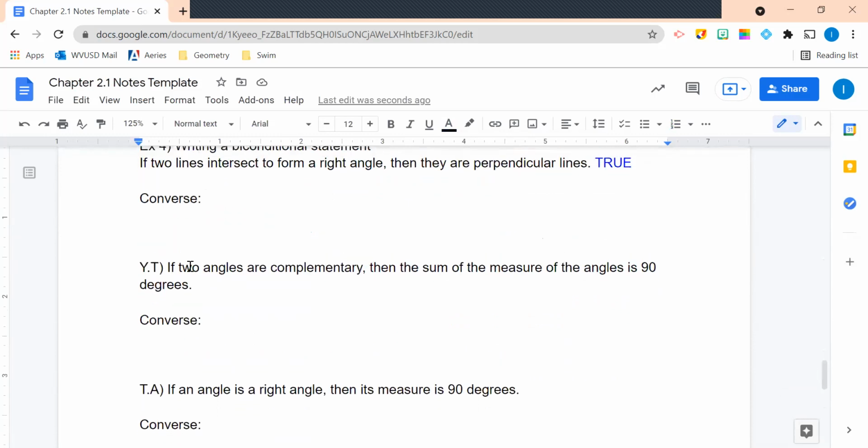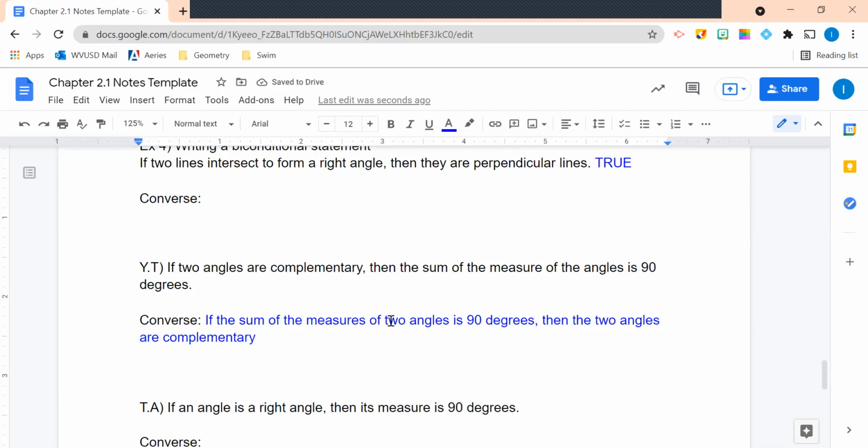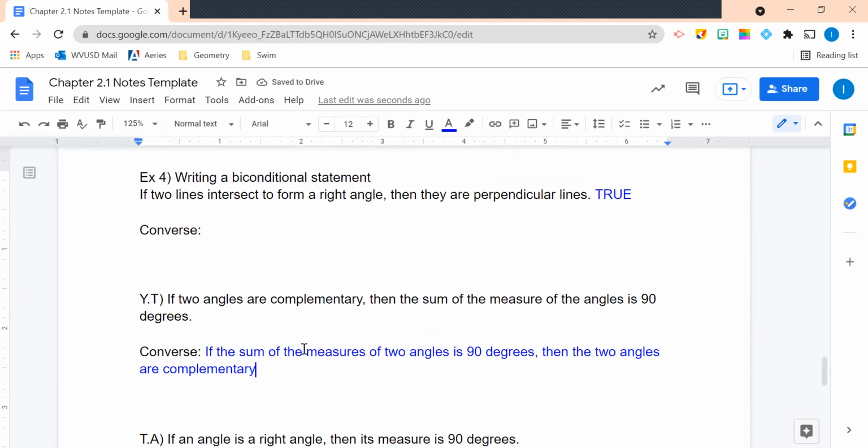So let's do that. The hypothesis is two angles are complementary, and the conclusion is the sum of the measure of the angles is 90 degrees. So let's switch those. If the sum of the measures of two angles is 90 degrees, then, oh my goodness, what am I doing?